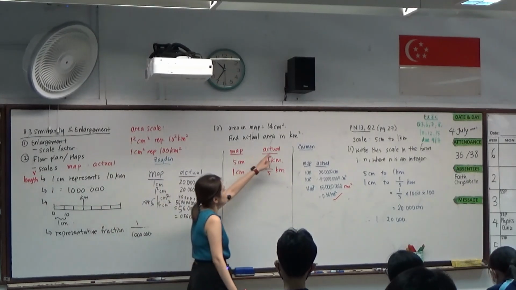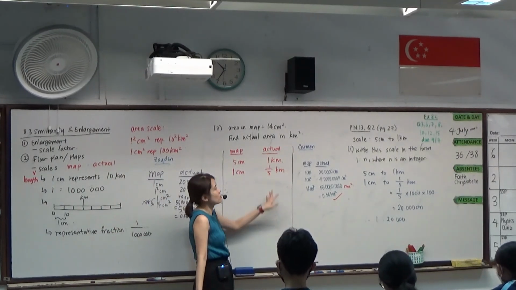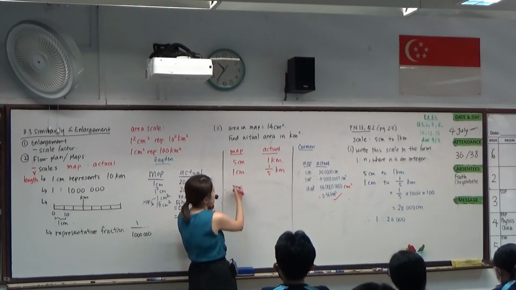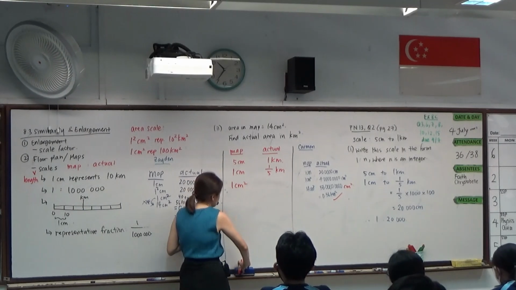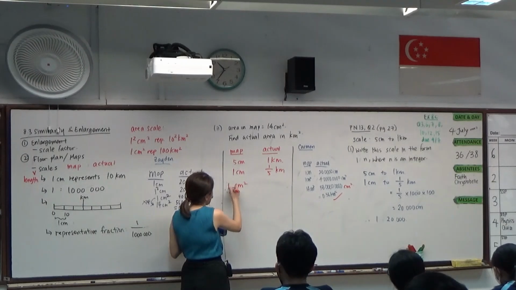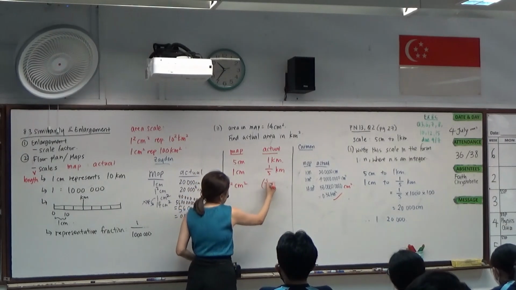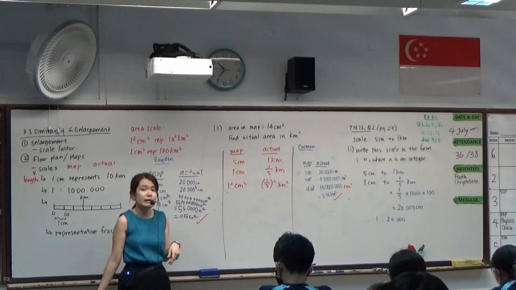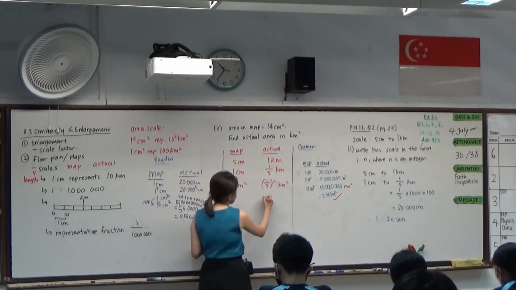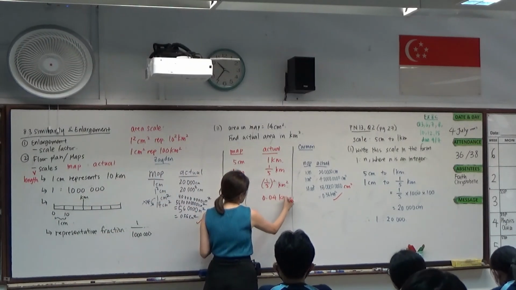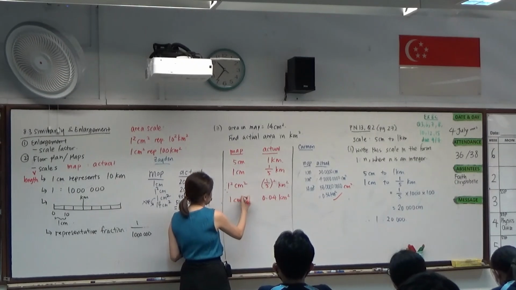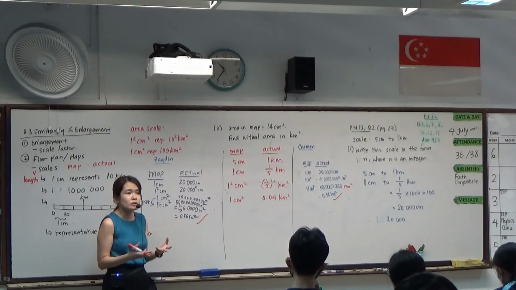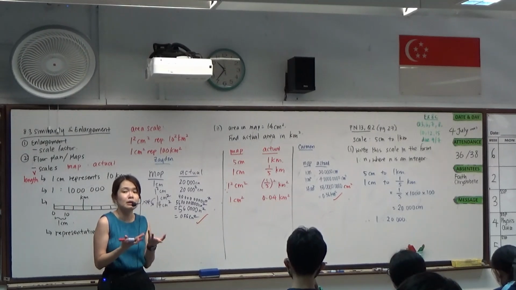Because my goal is to find kilometers squared, I decided to choose this instead. Then I need to find the area scale. That will be 1 squared cm squared, 1/5 squared kilometers squared. 1/5 is 0.2, so that is 0.04 kilometers squared. So 1 cm squared is 0.04. Notice that I actually write fewer zeros.